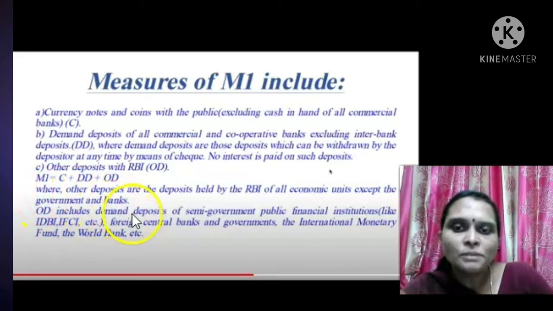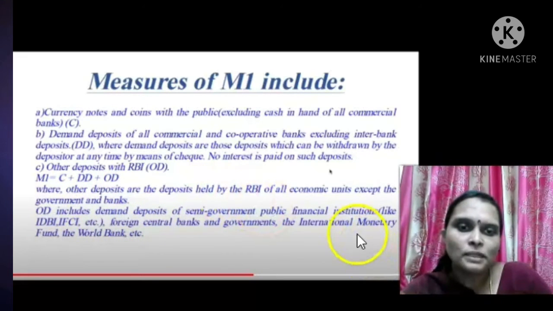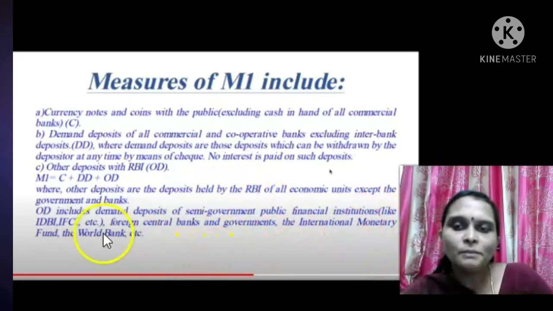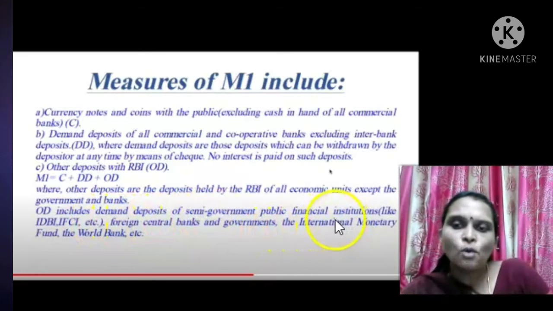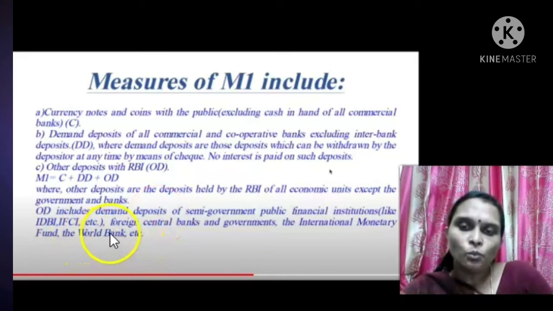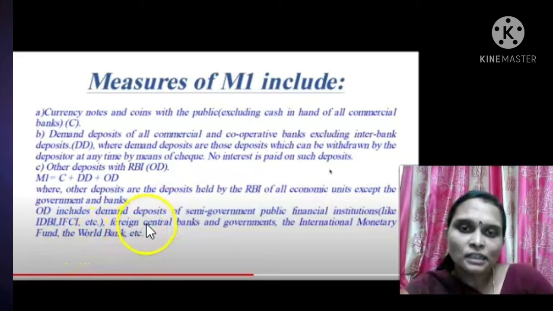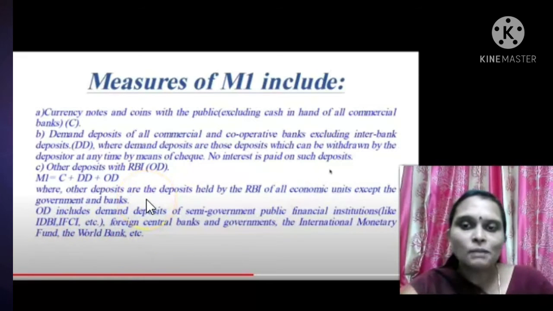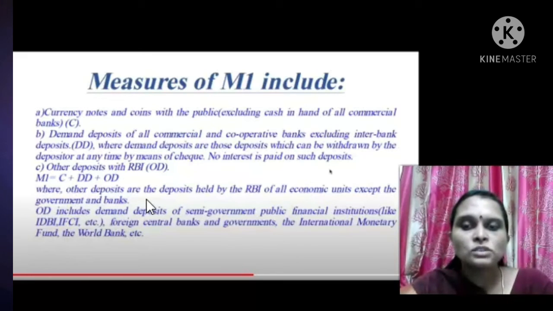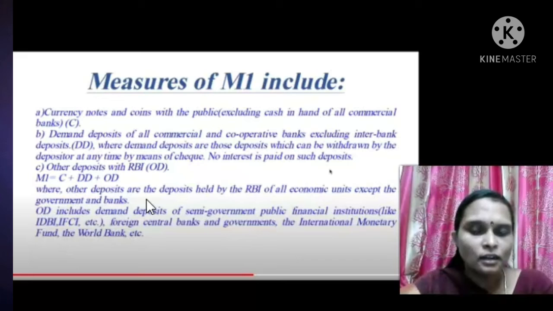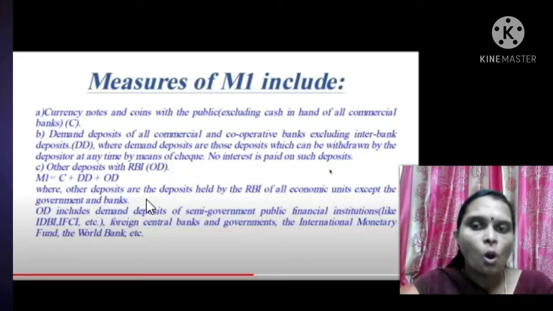OD includes demand deposits of semi-government public financial institutions like IDBI, IFCI, etc., foreign central banks and governments, and international monetary funds, the World Bank, etc. So RBI has certain deposits with the World Bank or the foreign central banks and governments. These also come under the calculation of M1.